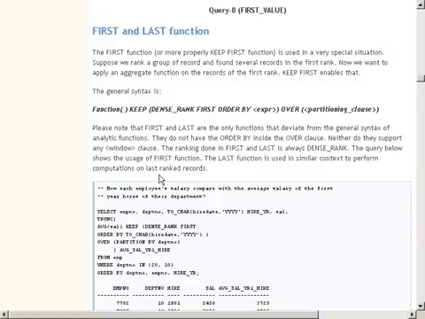Please make note of this point: the ago function is using an analytic function called dense_rank.